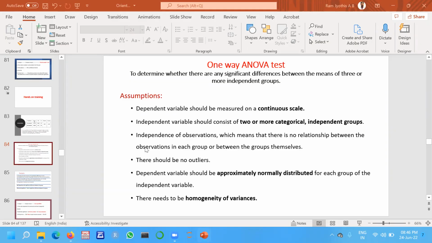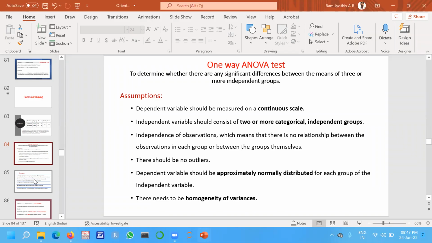So there should be no outliers. Dependent variable should be approximately normally distributed for each group of the independent variable. So if there are 3 or 4 groups, then each group should be assessed for normality. Understood? There needs to be homogeneity of variances, so the variance in each group should be equal. So these are the assumptions.